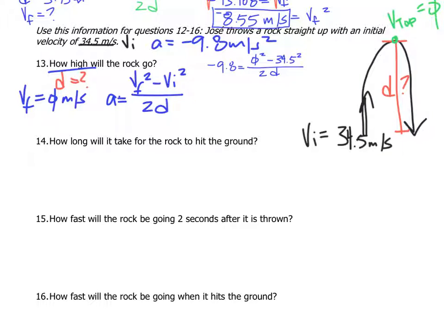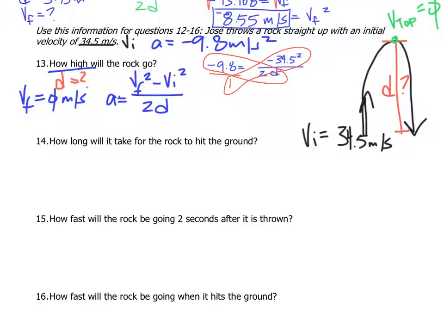So I can get rid of that part right here. And I'm just left with the negative 34.5 squared divided by 2D. Okay? So I can cross multiply. And I'm going to take the 2D and multiply by negative 9.8. And remember, this is over 1. So take 1 and cross multiply by negative 34.5 squared.